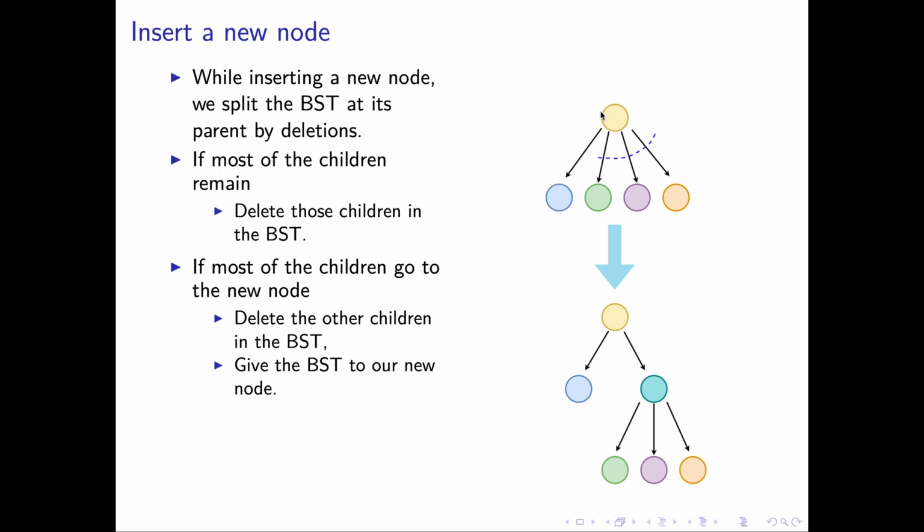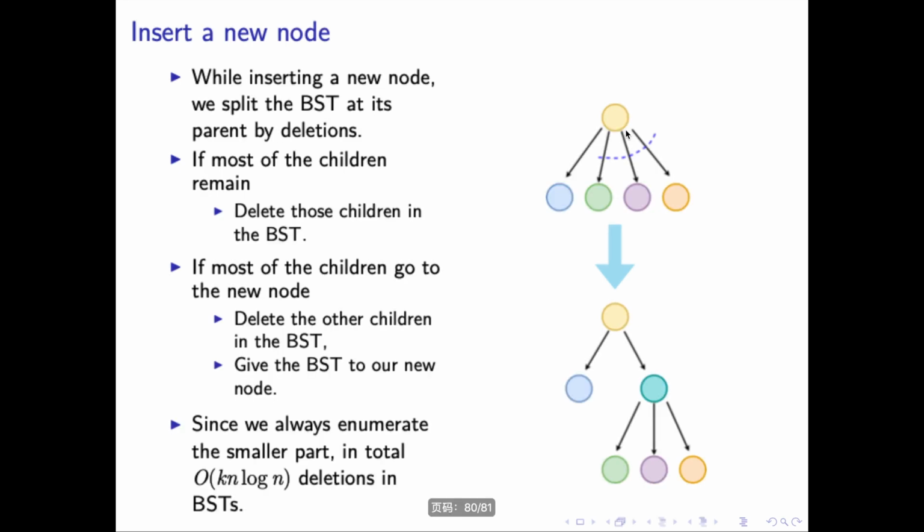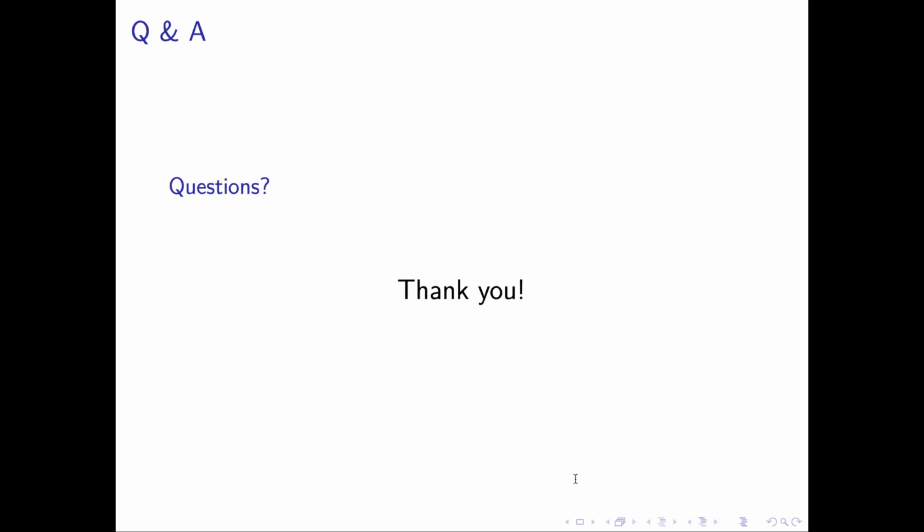And also remember that we replicated this structure k times for those k phylogenetic trees in the input. So in total, we have k n log n deletions and insertions to our BSTs. As a result, our algorithm works in Õ(kn) time, which is near optimal. Thank you very much for listening.